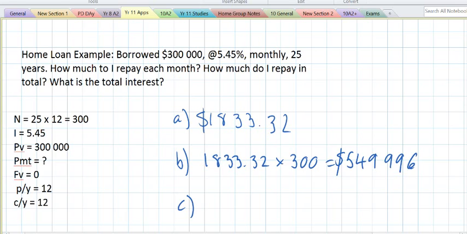If I borrow 300,000 and I repay 550, that difference is interest. You can think about this as the amount of money the bank actually makes from me over that period, because they get their 300,000 back plus this amount.